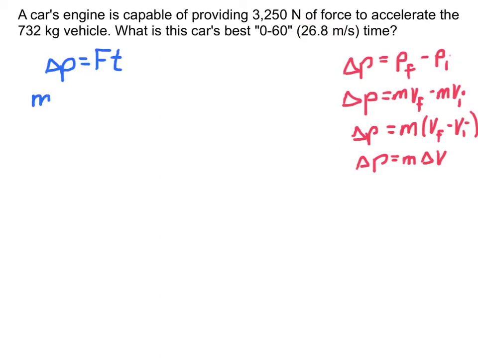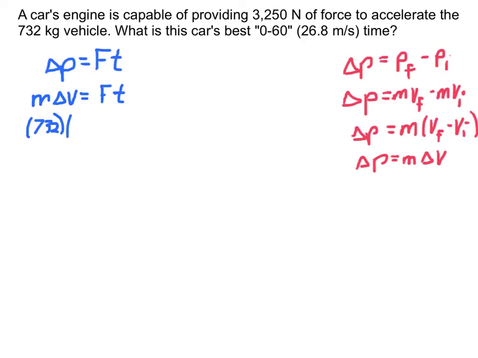Impulse is delta P equals Ft, so that's m delta V equals Ft. And now I know everything. I can just substitute in and solve out, no multiple steps.